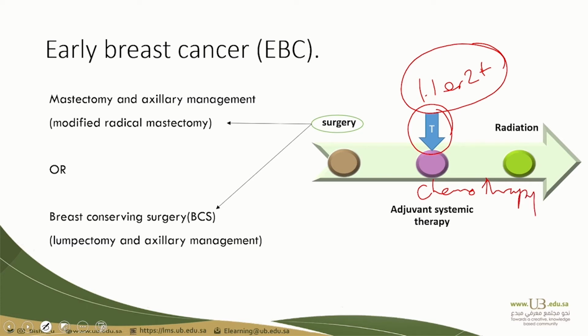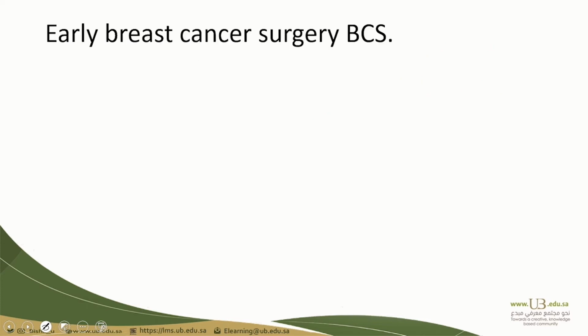For a patient with ER/PR positive, we'll give them hormonal therapy after they finish the systemic therapy with chemotherapy and trastuzumab, and the patient will also have radiation after that.